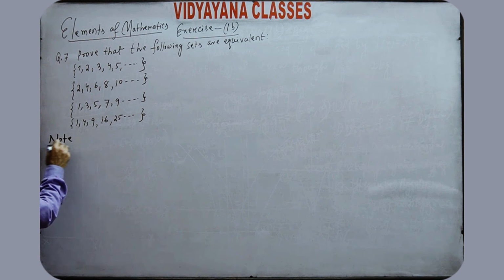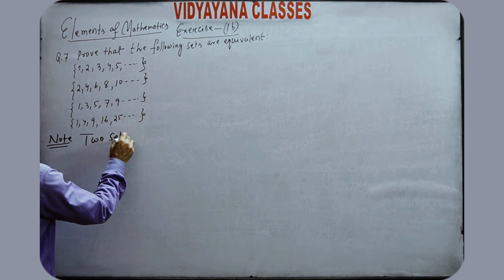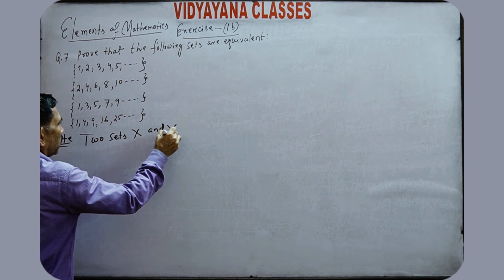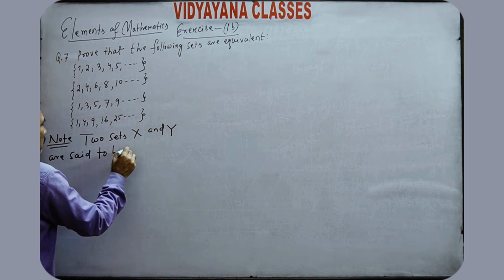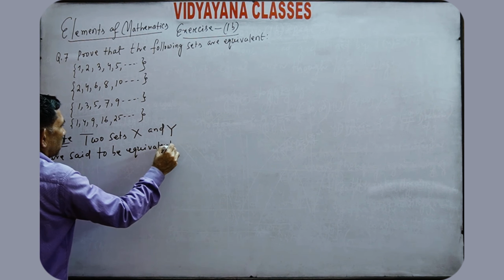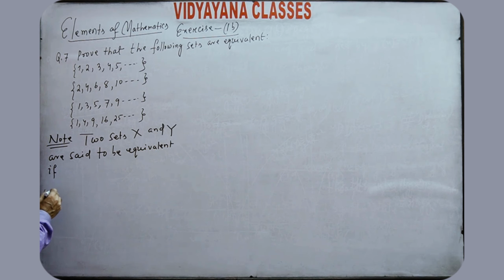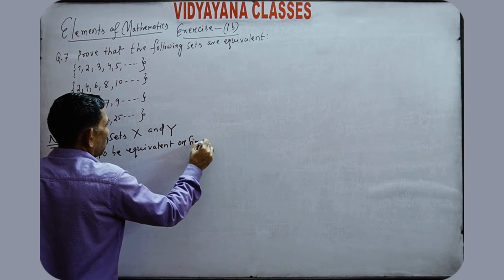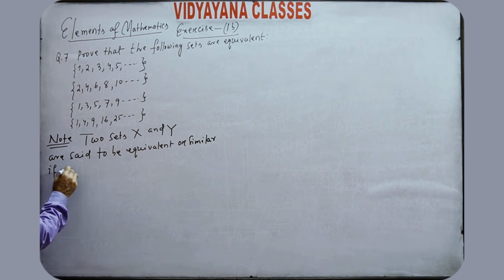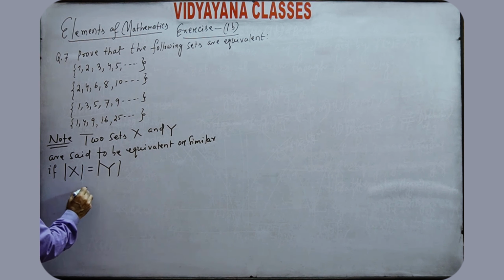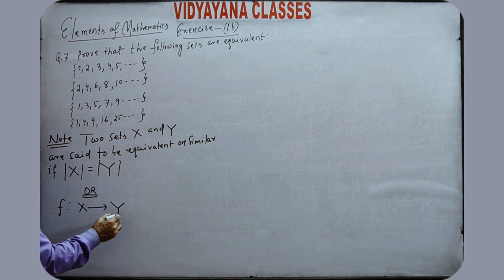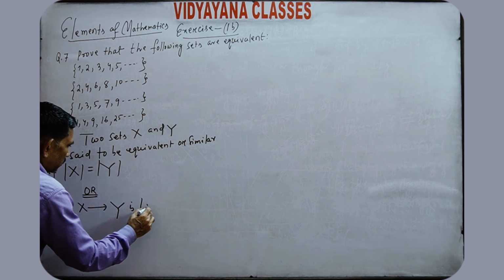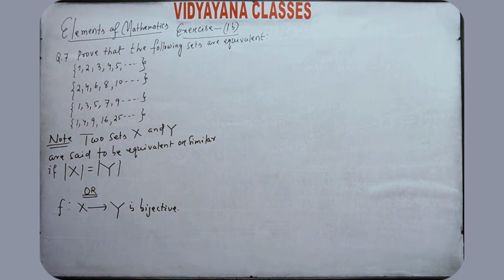Note: two sets, capital X and capital Y, are said to be equivalent or similar if mod of X is equal to mod of Y, or if there exists a function from X to Y that is bijective.